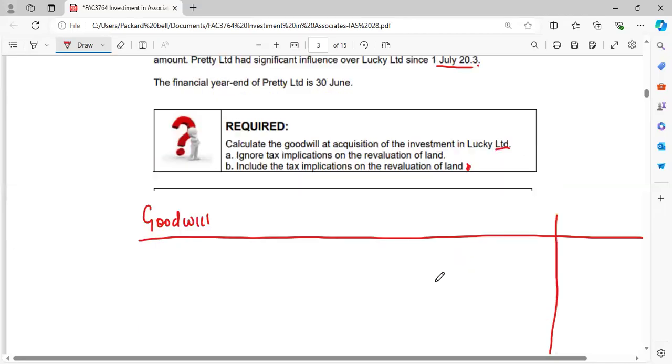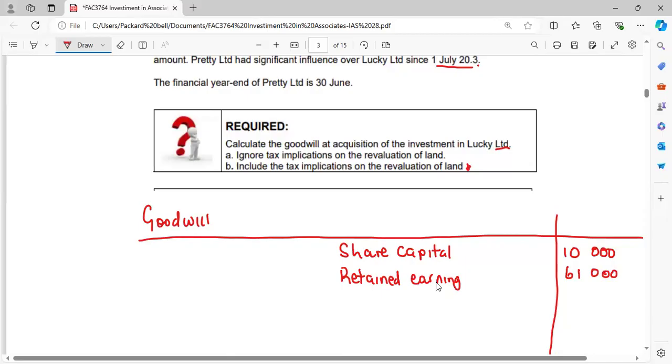So we are going to have share capital. The share capital is 10,000. Then the retained earnings, it's 61,000 as per our question.